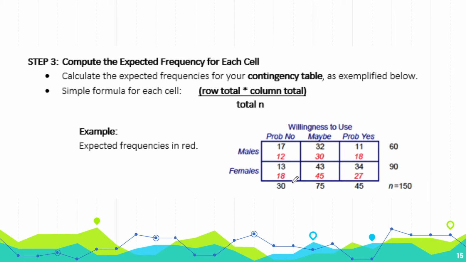So 60 times 30 divided by 150 is 12. I always write my observed frequencies at the top of the cell and my expected frequencies at the bottom so I can keep organized. So you repeat that process for each of your cells that contains original data, not your total cells.